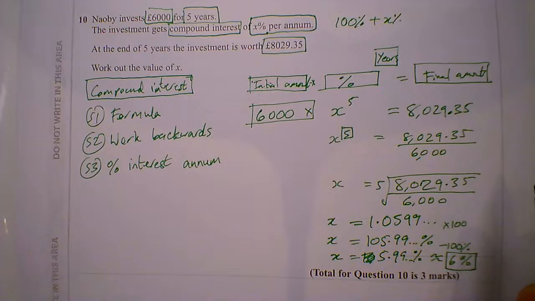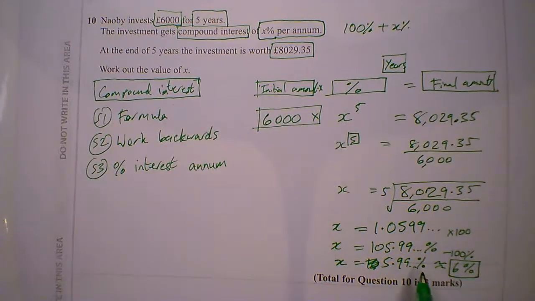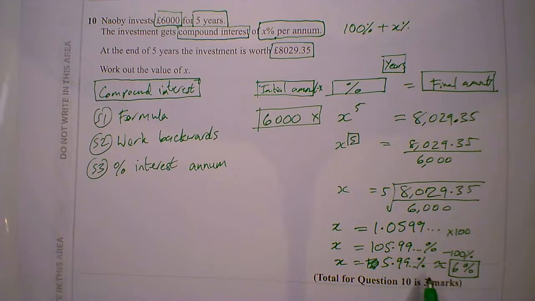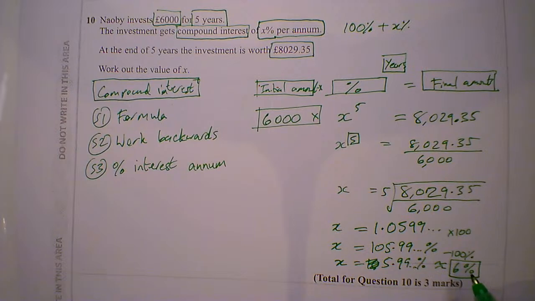Let me double check. Have I done everything correctly? Work out the value of x. Usually we put everything in 3 significant figures. So that is my final answer.